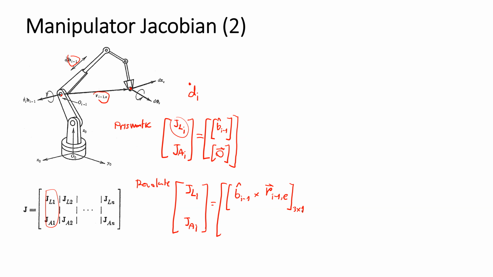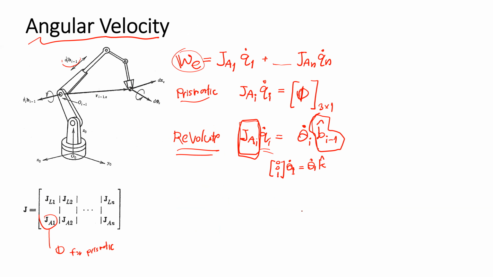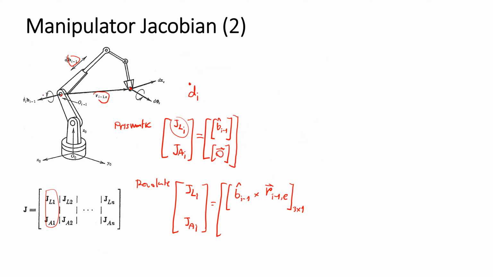And the angular part, the Jacobian relating the joint speed to the endpoint angular velocity, needs only the unit vector of that direction.